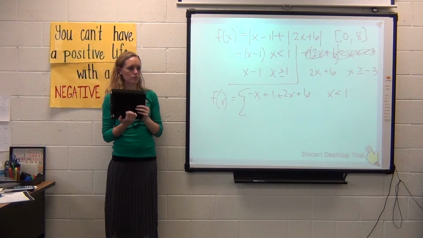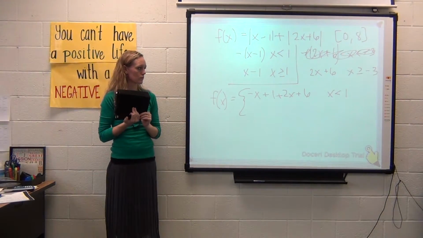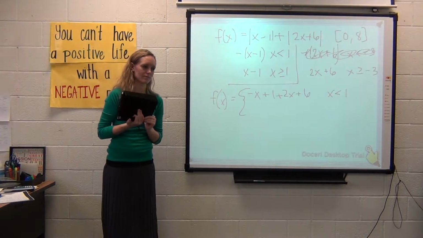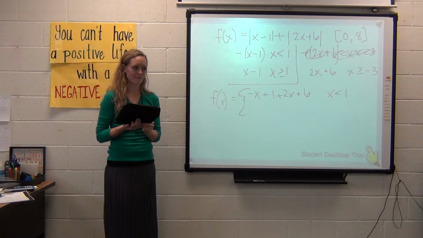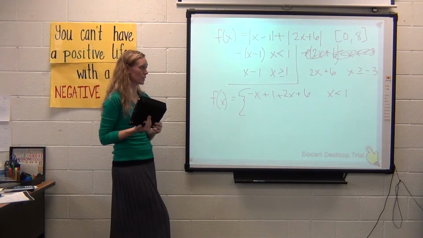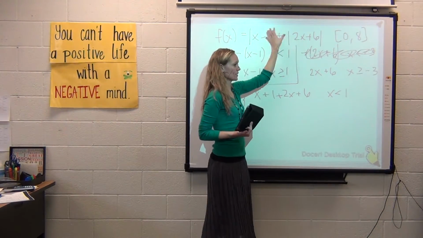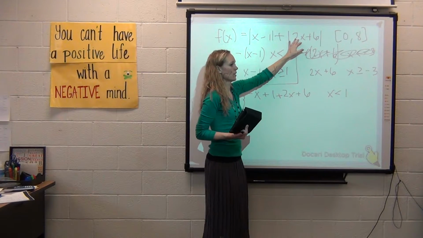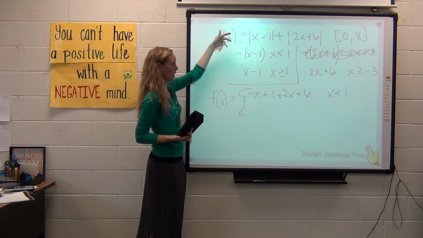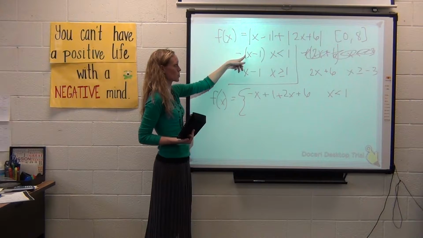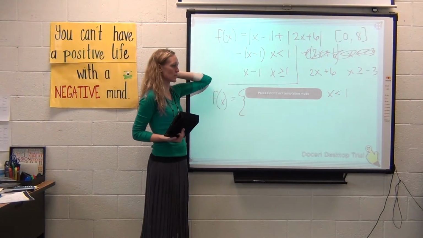It's just both of them because they look negative. This plus this is the function. The absolute value gets split up because it can be written as a piecewise function.